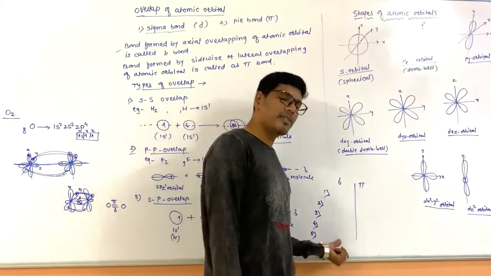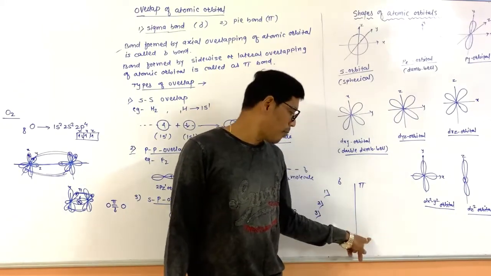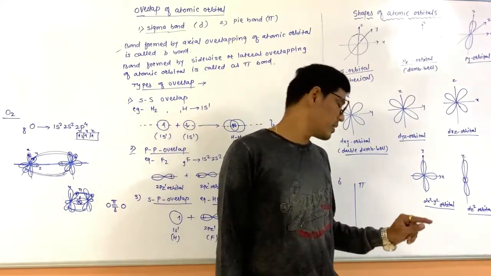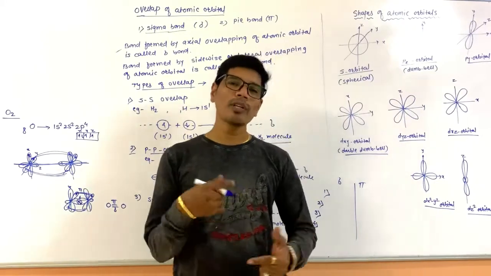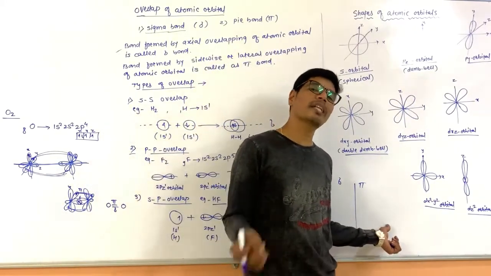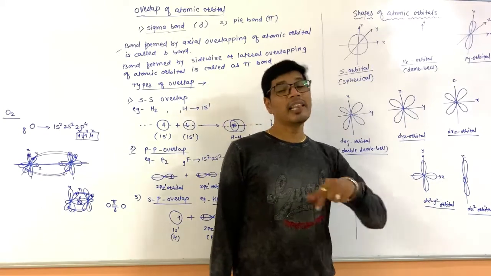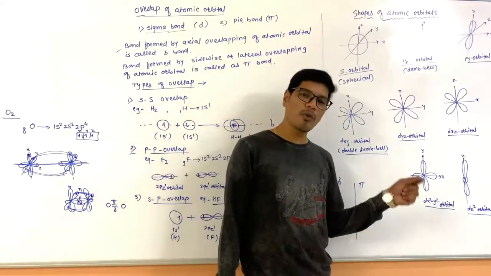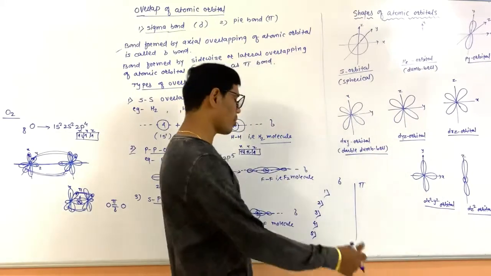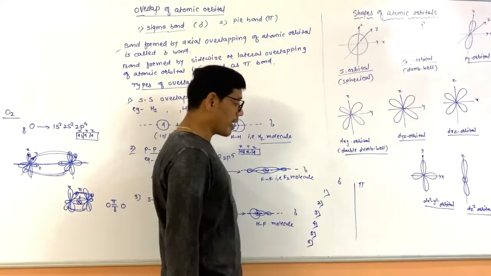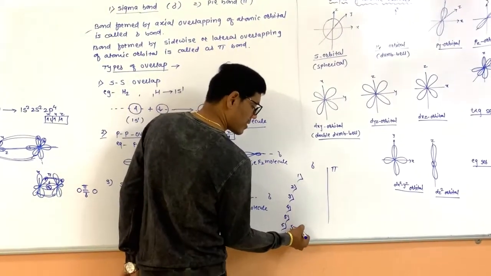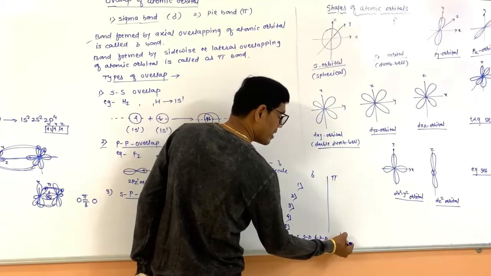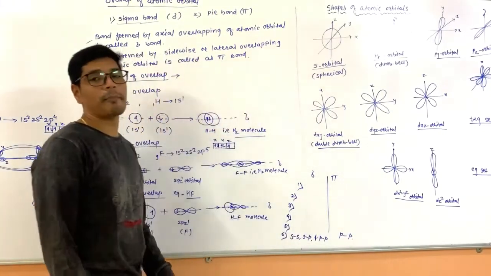Then the first bond formed is a sigma bond, and pi bond is formed when sigma bond is already present. The first priority always goes to sigma bond. After sigma bond is formed, if orbitals remain, then they overlap laterally and sidewise and then form pi bond. That means first bond is sigma bond and pi bond is formed when sigma already exists and is present. This type of bond is formed by SS overlapping, SP overlapping and PP overlapping, while this bond is formed by only PP overlapping.